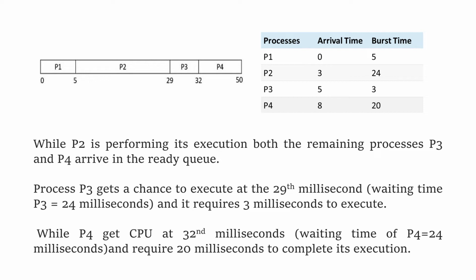So its waiting time will be 24 milliseconds and it requires 3 milliseconds to execute. Then P4 gets the CPU at the 32nd millisecond, the waiting time of P4 will be 24 milliseconds and it requires 20 milliseconds to complete its execution. This is the total working of the waiting time of processes P1, P2, P3 and P4.